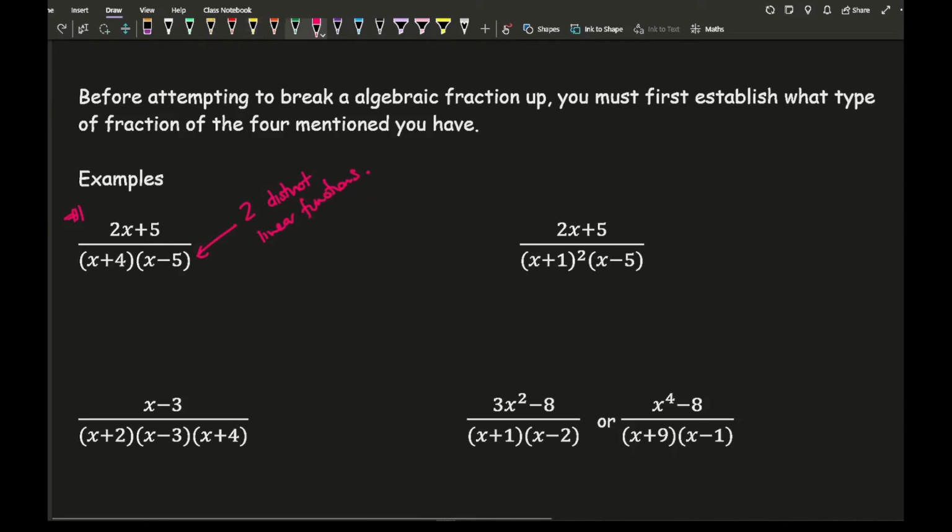And if we look at the second example here, you can see we've got 3 brackets. So this is an example where you've got 3 distinct linear functions. And then looking at this third example here, you can see we've got a power. So this is where we've got a repeated function.